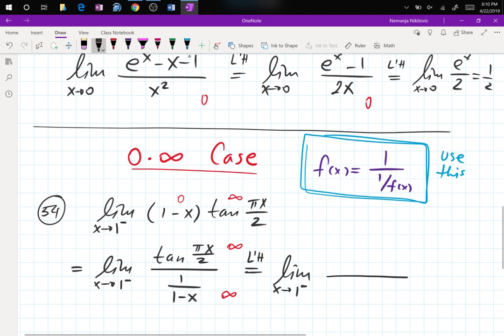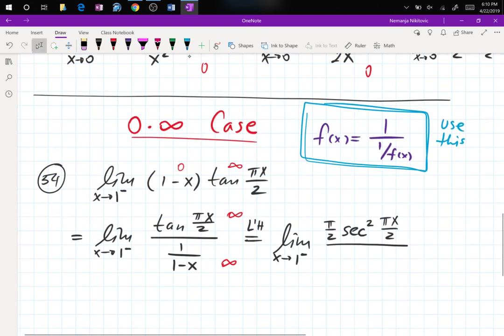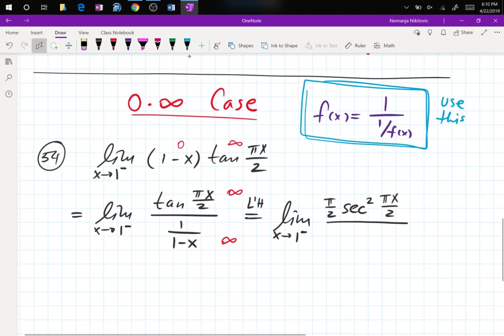What is the derivative of tangent? Secant squared of pi x over 2, and then we need pi over 2 in front, right? As a chain rule. And what's the derivative of 1 over 1 minus x? So this is raised to negative 1, 1 minus x.